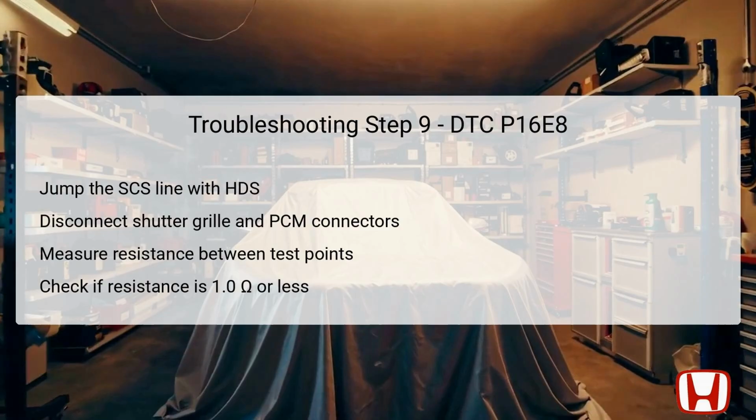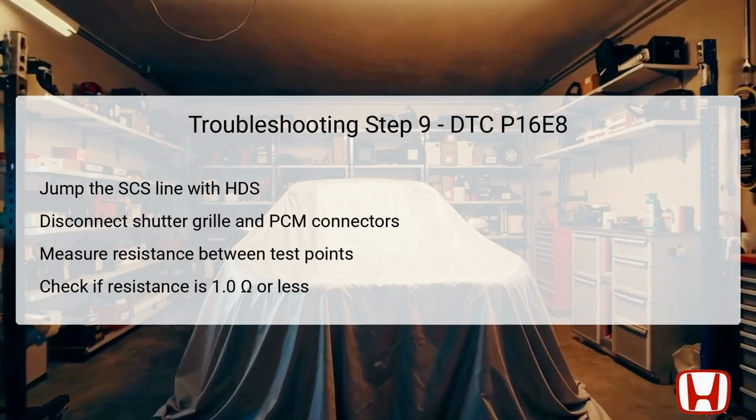Step 9 specifically addresses open wire checks within the LIN circuit. To begin, the SCS line is jumped once again with the HDS to stabilize conditions for accurate readings. Following this, the shutter grille's upper and lower 4P connector, along with the PCM's connector A, must be disconnected, allowing for precise resistance measurement between the respective test points.